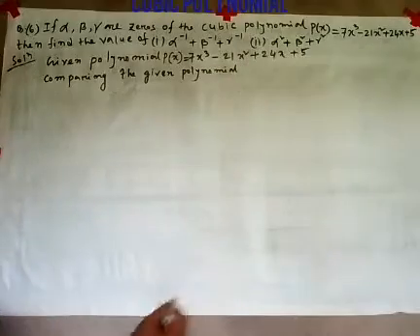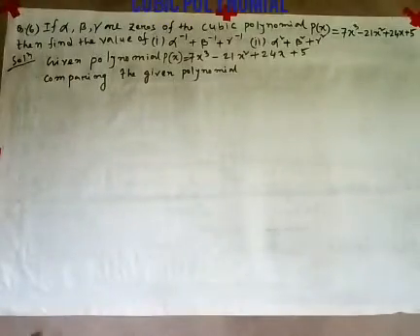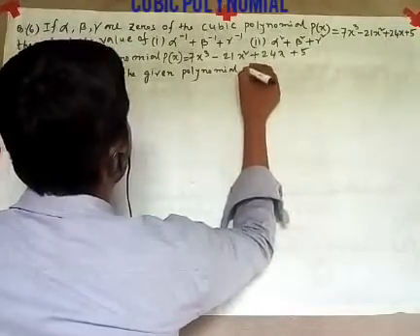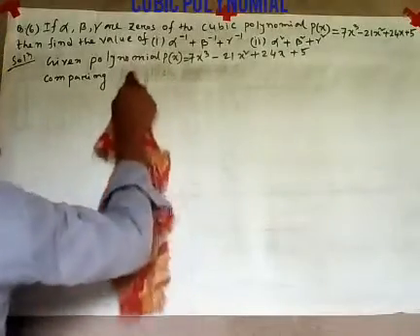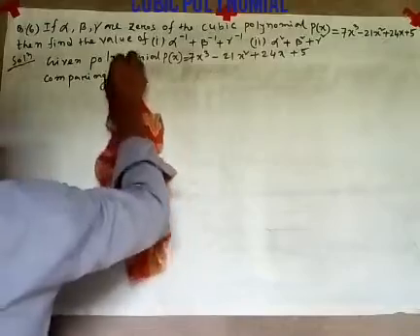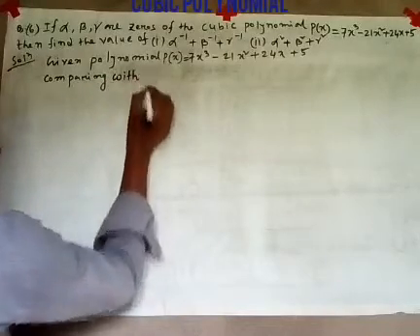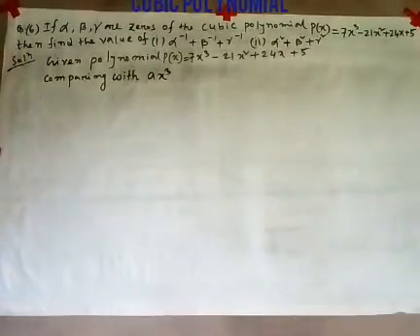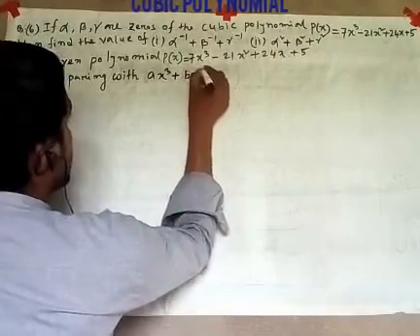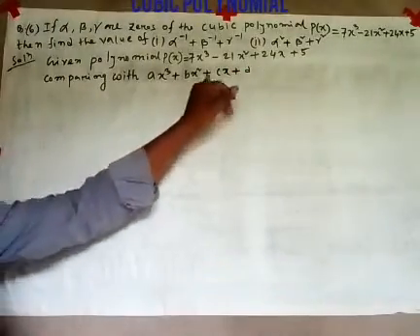So comparing the given polynomial, we can write directly like that also, comparing with ax cube plus bx square plus cx plus d.